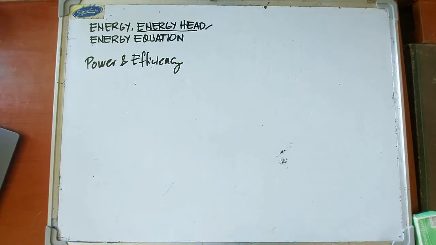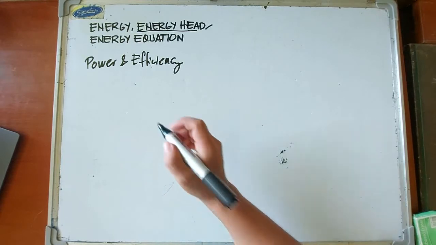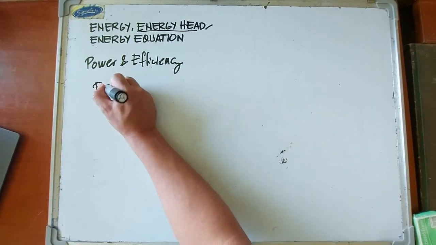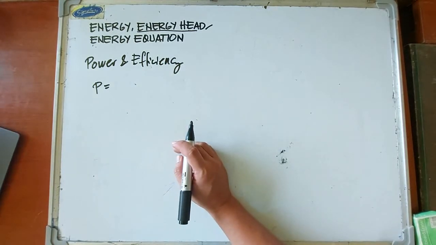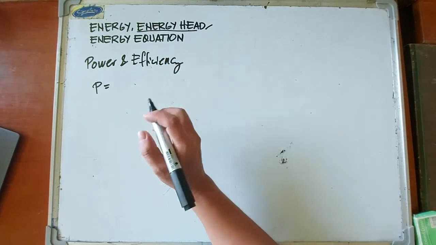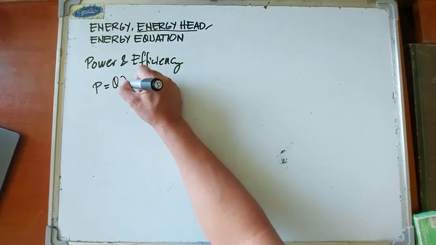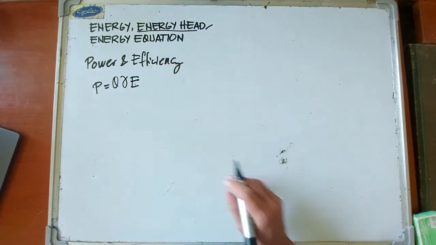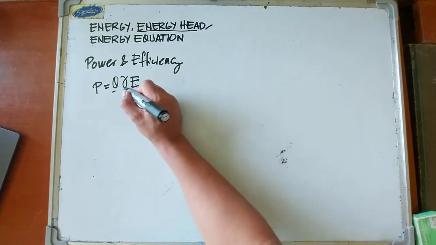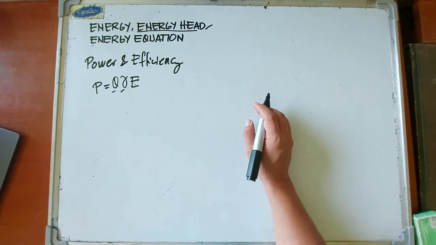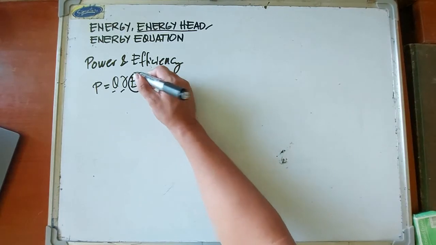Okay, so in terms of moving fluids or liquids, let's say P is used to denote power. P is equal to Q gamma times E. So the discharge, the unit weight of the liquid, and the energy.